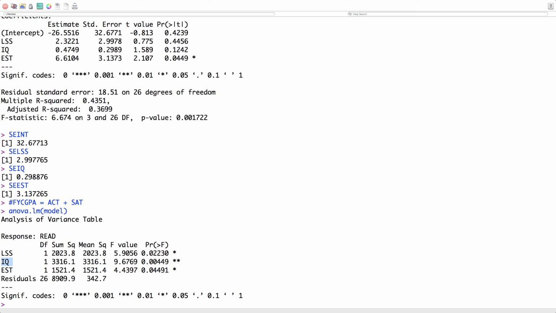IQ, given that LSS is in our model, the additional sum of squares of 36, is it statistically significant?